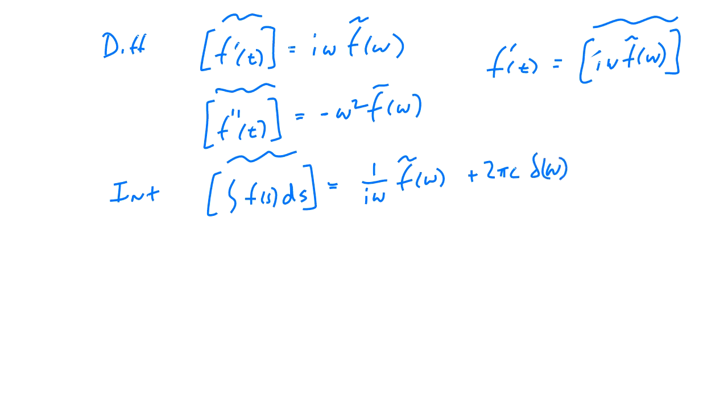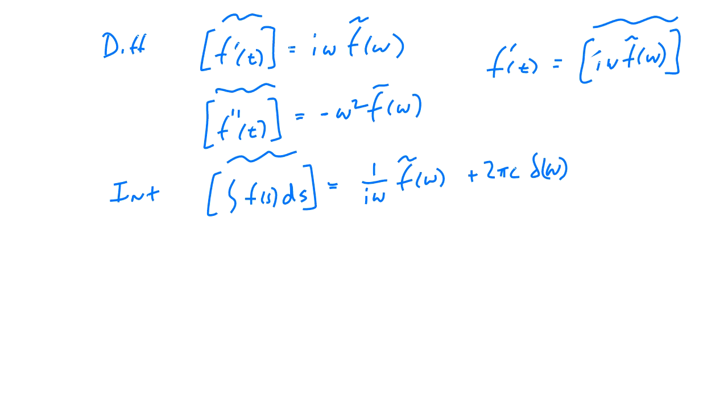In this case, you could see that the integral just looks like the opposite of the derivative, where we're dividing by i omega instead of multiplying. And then you have this delta function that naturally crops up. This c here is just the integration constant, so that's not really anything special.